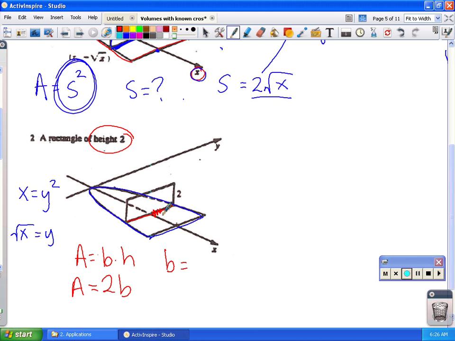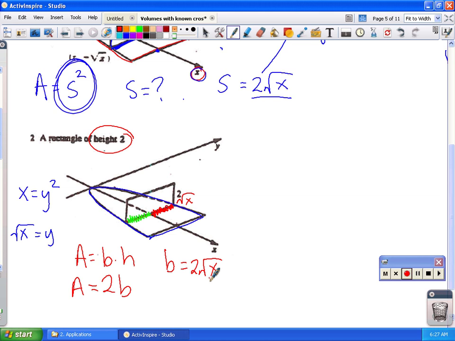Again, the distance from here to here is going to be governed by the curve, and that curve is the square root of x. So we know the distance from here to here is the square root of x. The distance on the other side would be the same, so that's also the square root of x. So the total distance of that base is 2 square root of x.